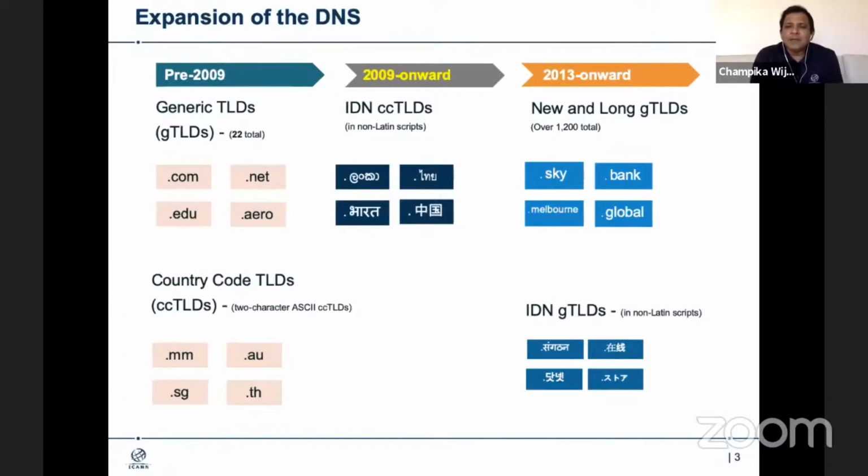And then after 2013 or so, new generic top-level domains were introduced into the DNS. These were outside of the traditional ones I was talking about earlier, for example .sky or .bank, and there are cities like .melbourne and so on. Currently there are over 1,200 of these new generic top-level domains in the DNS, and also the IDN gTLDs.